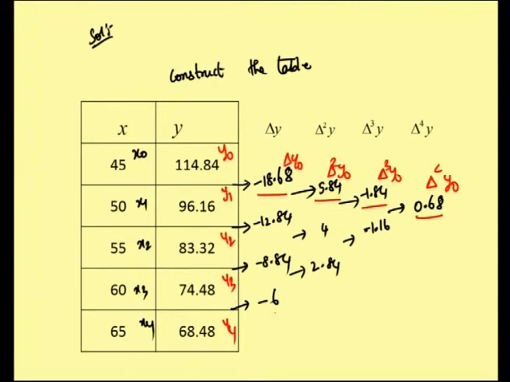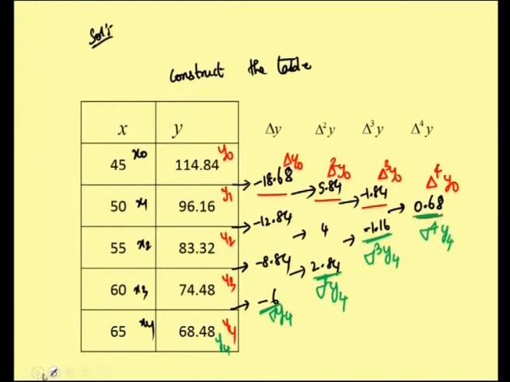So, this is nabla y1, this is yn, and this is y4, and this is nabla y4, this minus 6, and 2.84 is nabla square y4, and minus 1.16 is nabla cube y4, and this value is nabla power 4 y4.